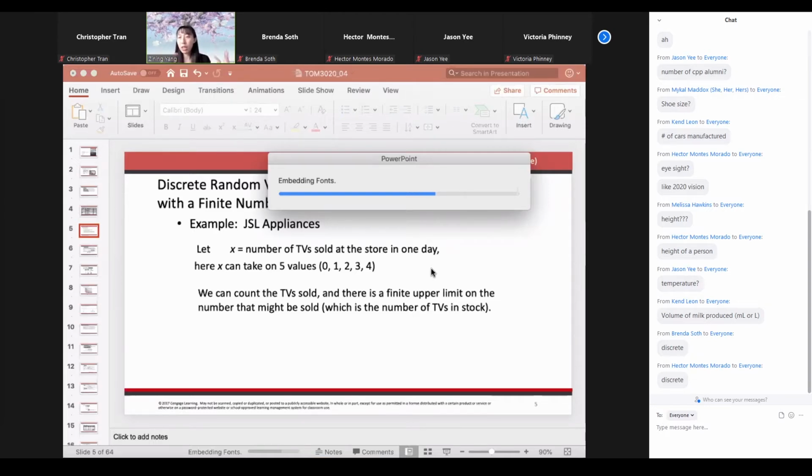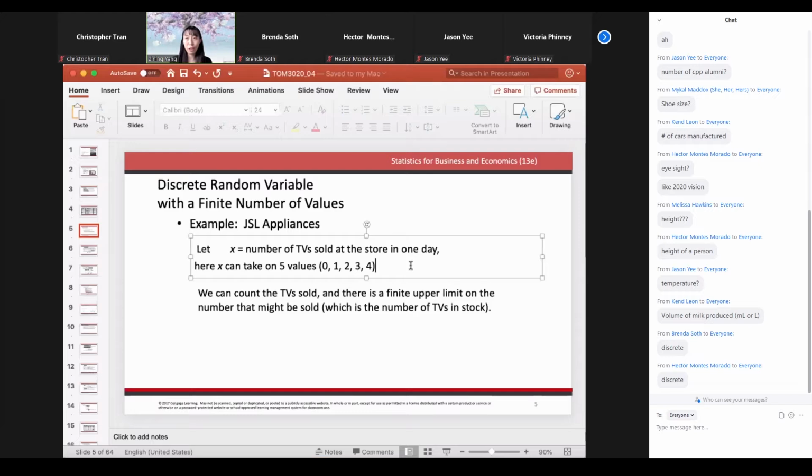So just how many TVs are sold. This X value may be 0, meaning we didn't sell any TV in a day. Maybe 1, meaning the store only sold 1 TV. Might equal 2, that's the store sold 2 TVs on that day. It could equal 3, right? The store sold 3 TVs, or if the store had a really good day, then it sold 4 TVs.